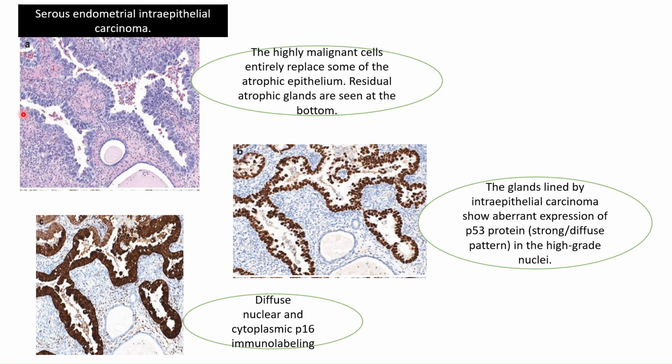If we go for P53 stain here, these glands are lined by intraepithelial carcinomatous cells showing strong aberrant expression of P53 IHC marker, and these atrophic glands are negative for P53. The same section shows P16 strong diffuse positivity, and if we compare the atrophic glands, these are negative.